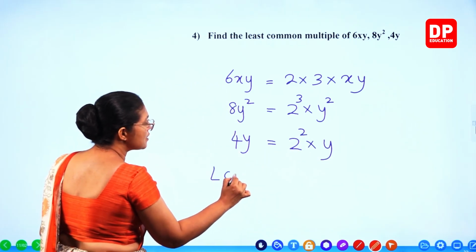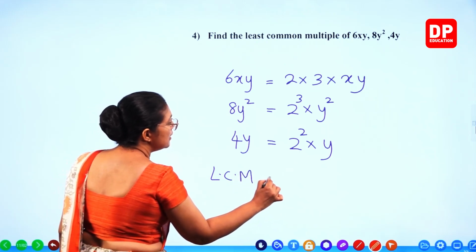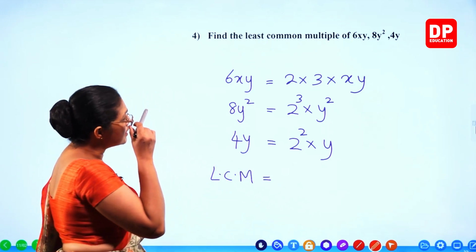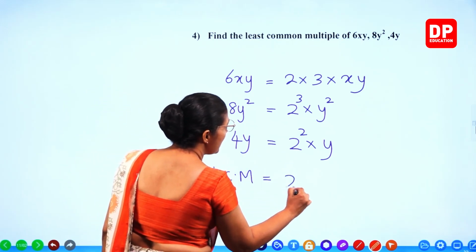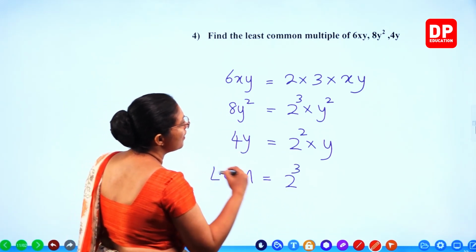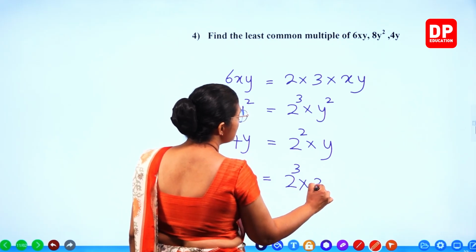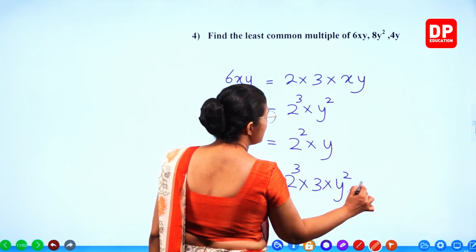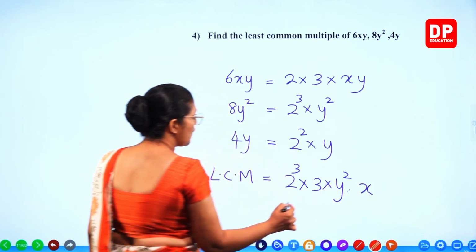To find the lowest common multiple, you take the highest power for all factors. For 2, that's 2 to the power 3 is the highest one. 3 just once, and y becomes y squared, and x is just 1x.